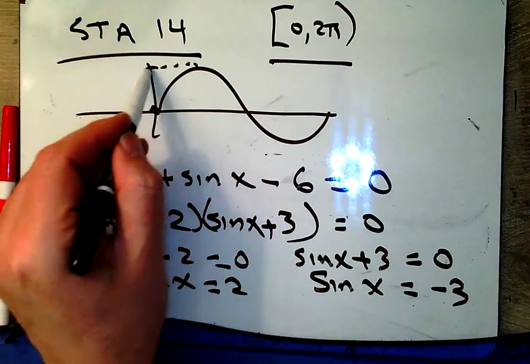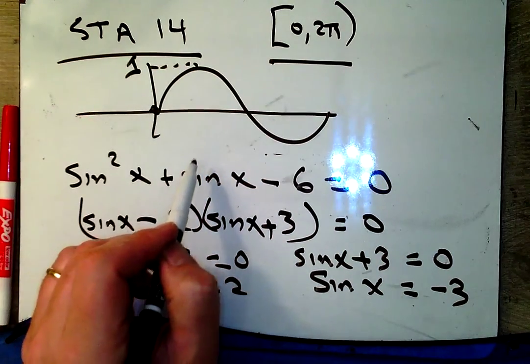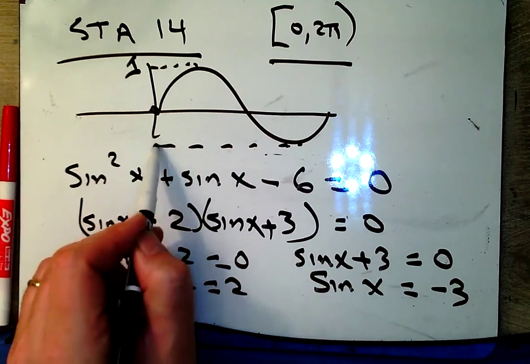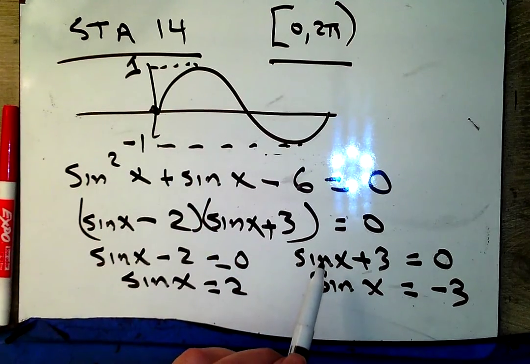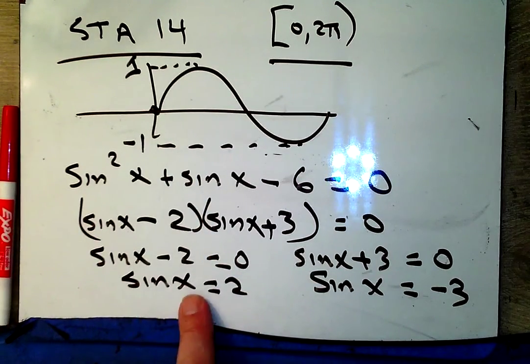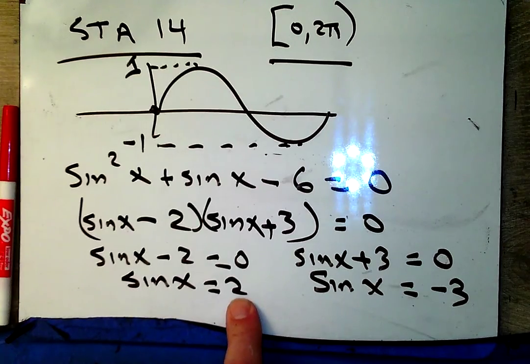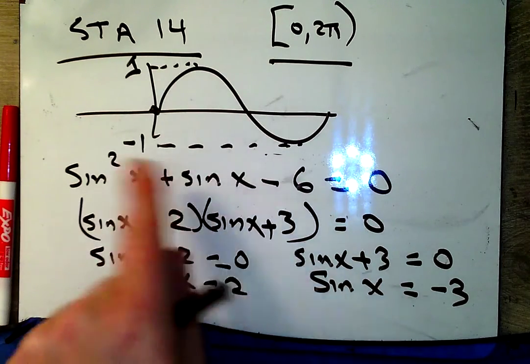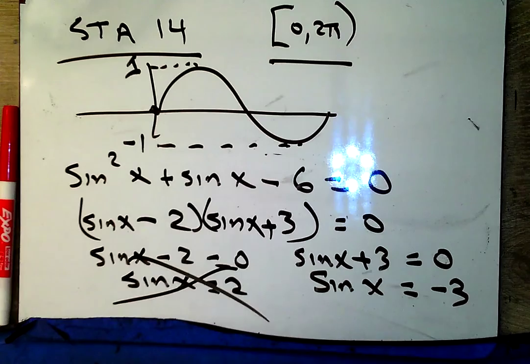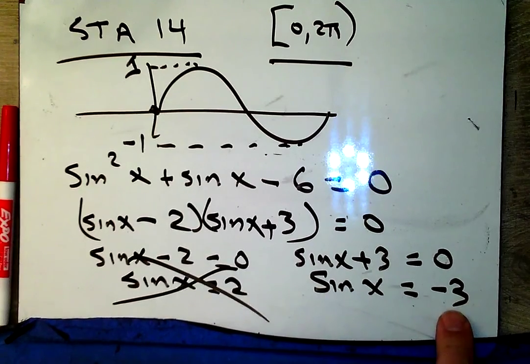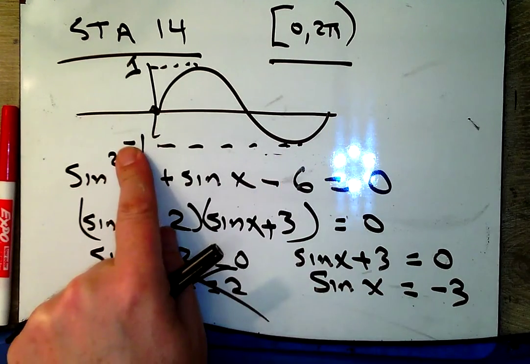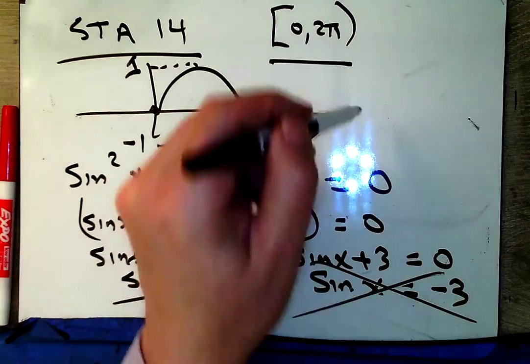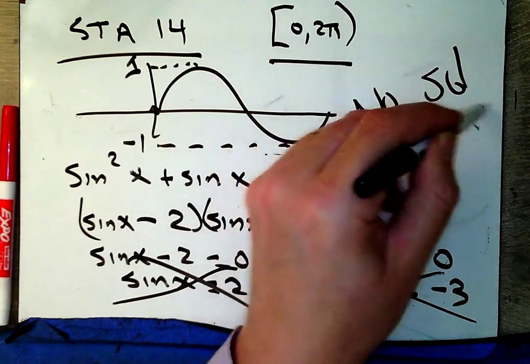And I know that that y value never goes higher than 1 or lower than negative 1. So what angle has an upness of 2? Not on the sine graph, there's no upness of 2. What angle has an upness of negative 3? No, I only go down to negative 1. This never happens. So this is no solution.